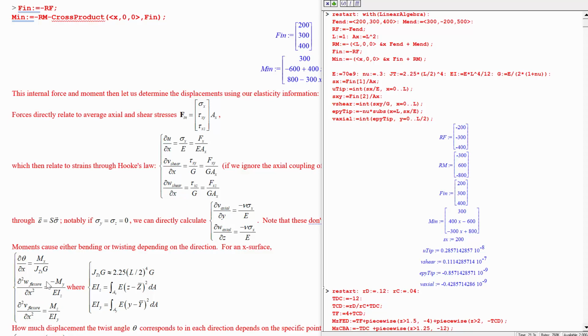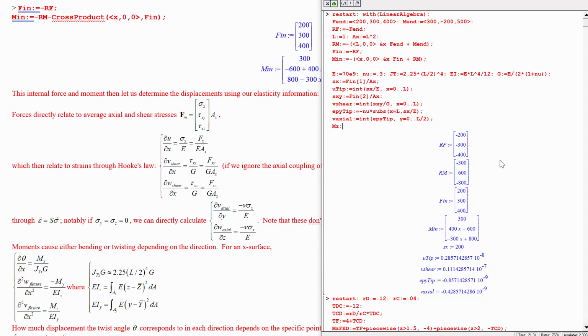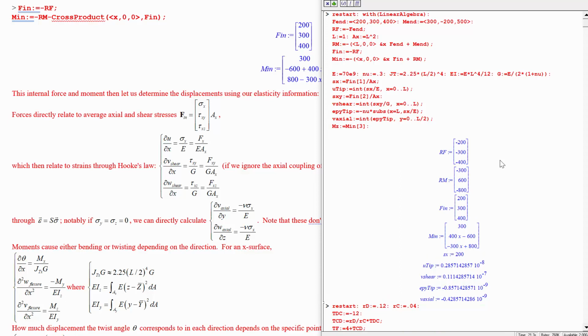So we also can have a y displacement from the z moment and the flexural rigidity. And the z moment depends on position. So we've got Mz is equal to M internal's third component. And the curvature, depending on position along the beam, the curvature in the y direction is equal to Mz over EI.